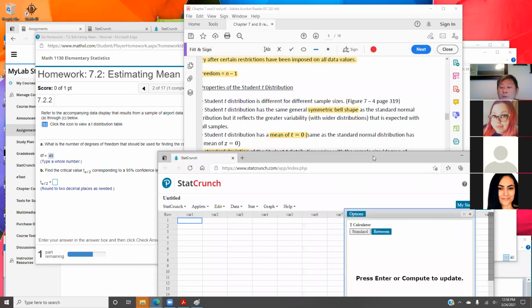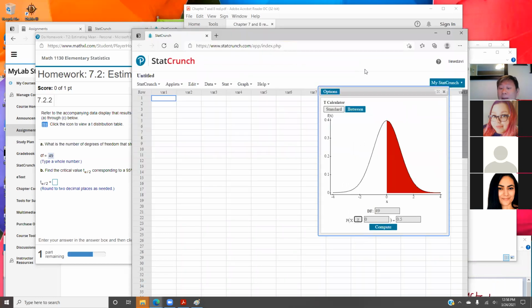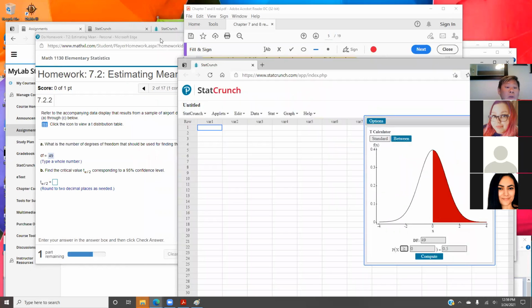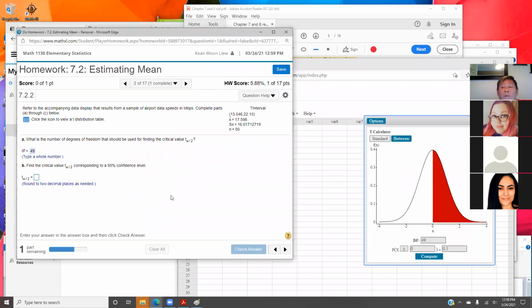Next, you need to figure out your X equals and change this to become greater than. Make sure you always change this to greater than. Then alpha over 2. What is alpha in this case?